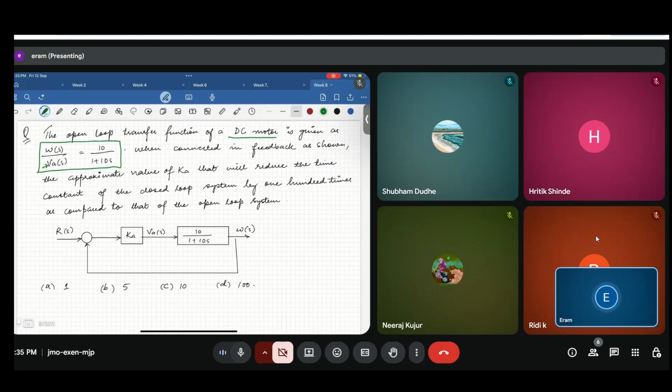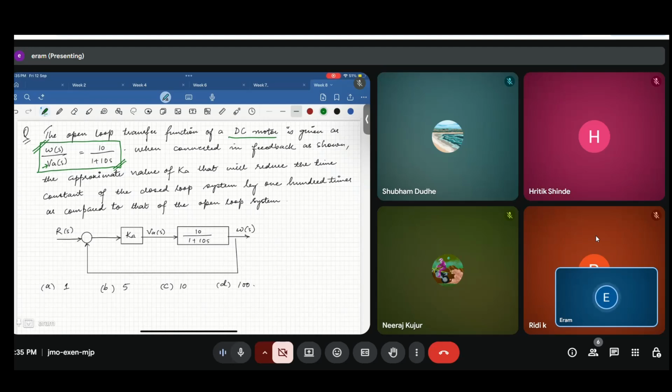So when you read about a DC motor, you will get the expression in terms of a differential equation for omega and input as armature voltage. There you can see that you can transform that into a state space or transfer function model also. So anyway, we have this DC motor open loop transfer function.